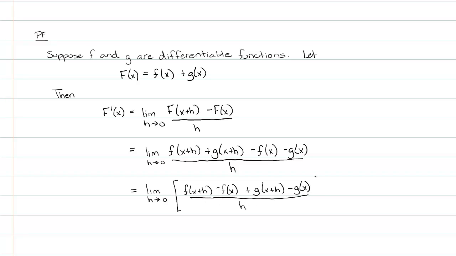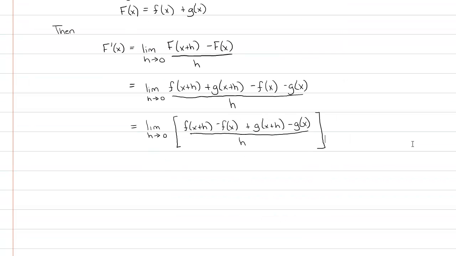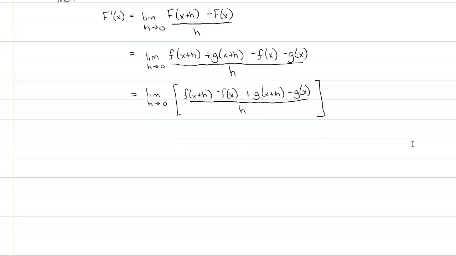You could see that we could split this fraction, and this is a warning that I give to a lot of my students: you cannot split a limit unless both limits you split it into exist. So I'm going to cross my fingers right now and hope that I can break this limit up.